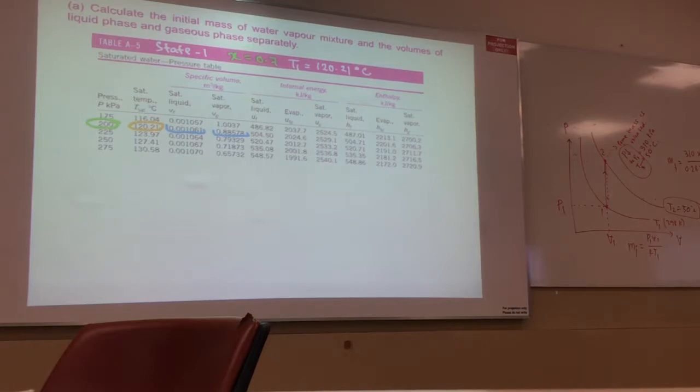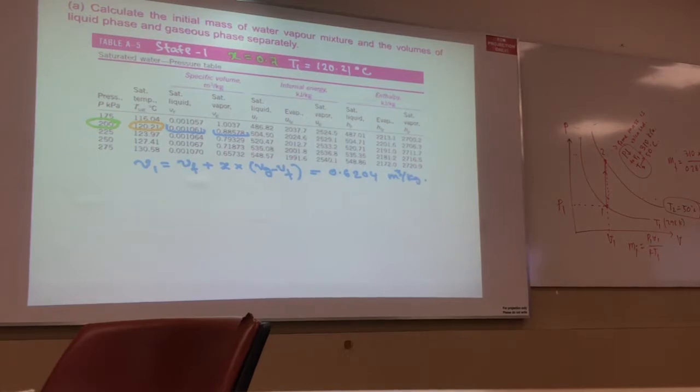Alright. Now you have to calculate what? V1 equals Vf plus x times Vg minus Vf. You substitute all the values, then you can find 0.6204 meter cube per kilogram. Right.